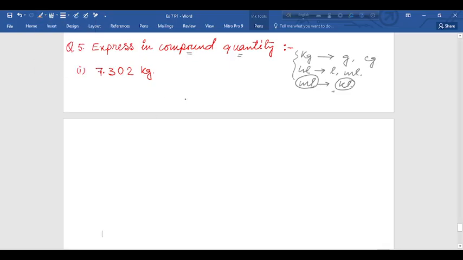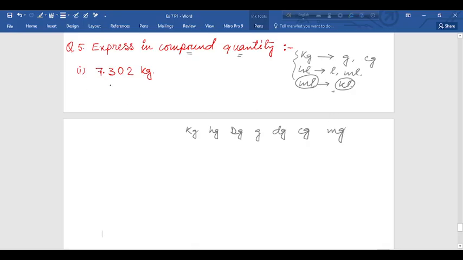As usual, write down the table, that is kg, hectog, decag, g, decig, centig, and mg.